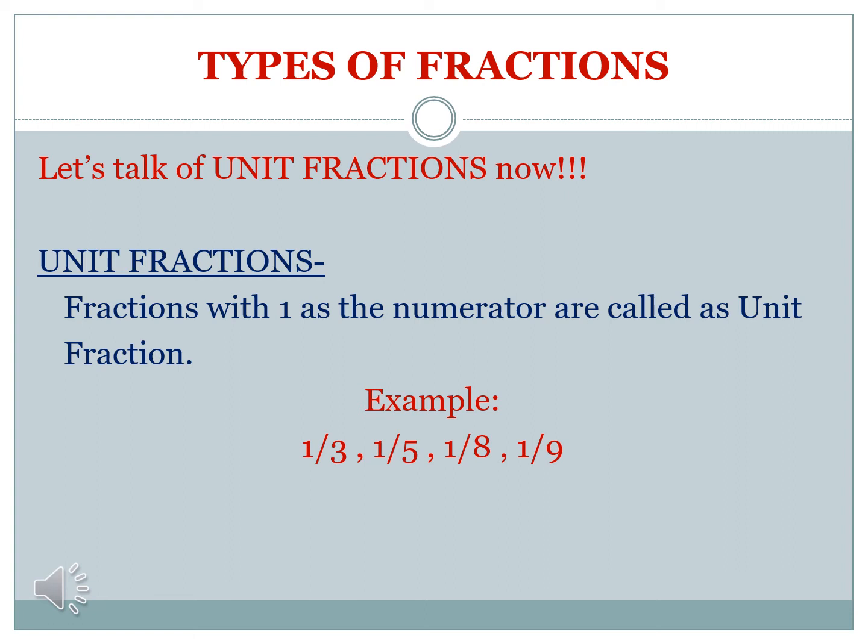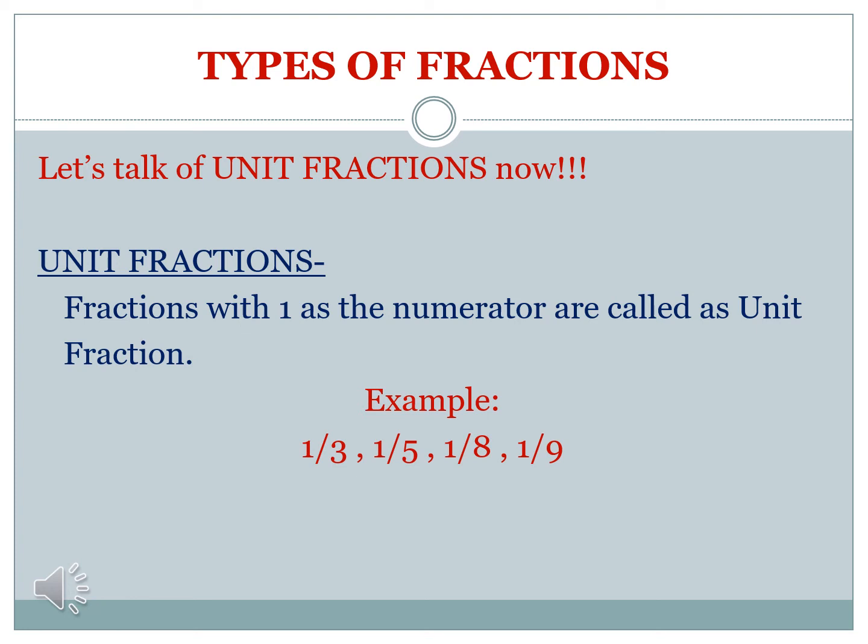Let's talk about another type of fraction, which is unit fraction. Fractions with 1 as the numerator are called unit fractions. For example, 1 by 3, 1 by 5, 1 by 8 and 1 by 9. In front of you is a different presentation of fractions given with the help of a slash.